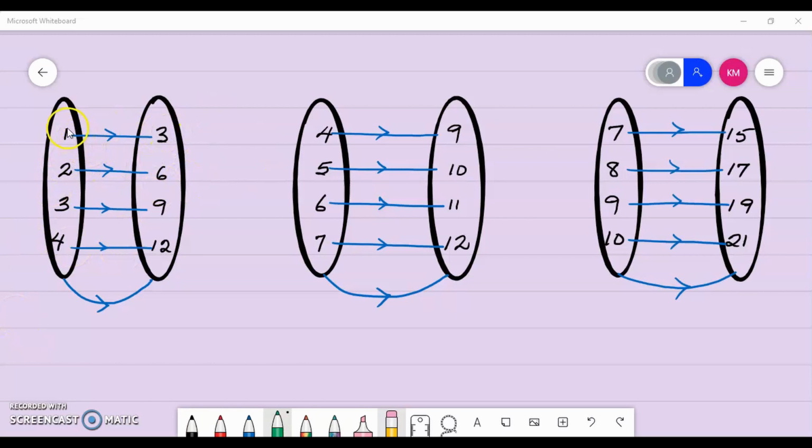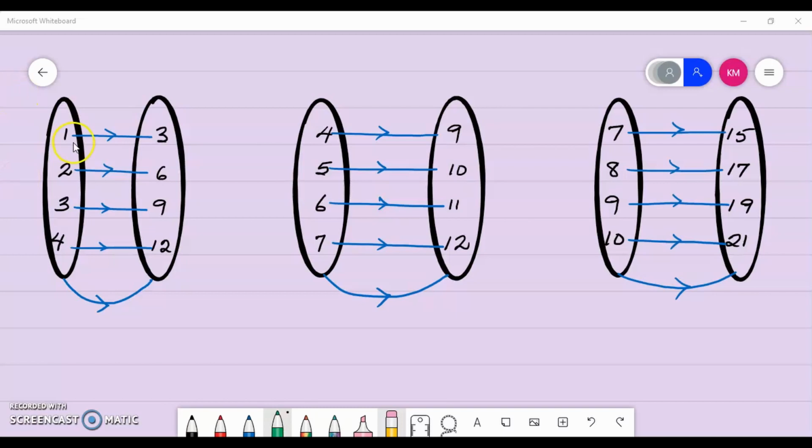I'm seeing 1 is being mapped to 3, 2 goes to 6, 3 goes to 9, and 4 goes to 12. Now, upon examination, we can see that each element of your domain is being multiplied by 3 to give that element which it is being mapped onto in your range.